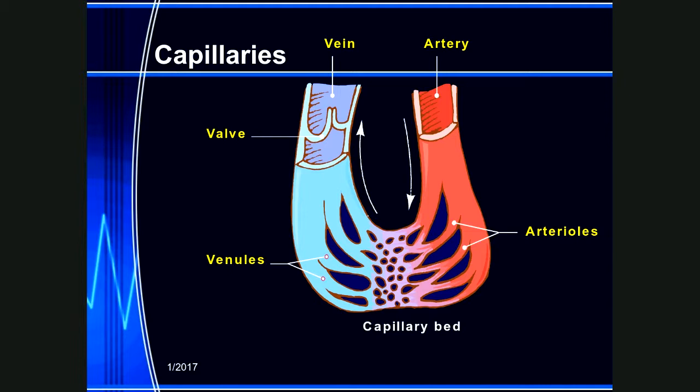The capillaries are small, tiny blood vessels found throughout the body and are only one red blood cell wide. Now, a good way you can check your own capillary refill, which is a good sign that you have good perfusion, is if you will just press on your fingernail bed.